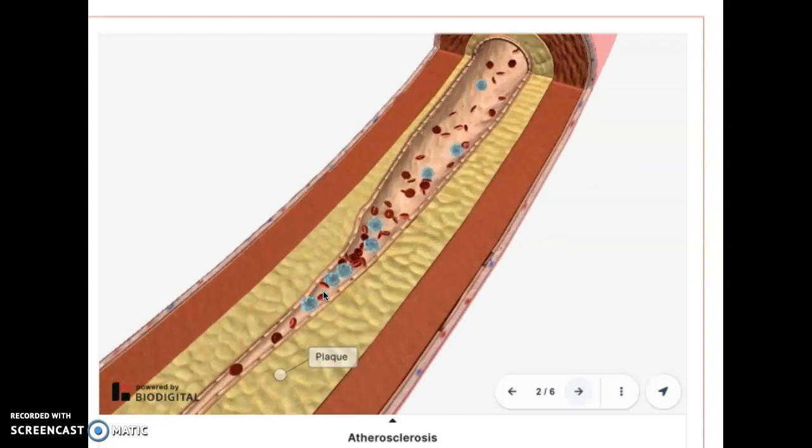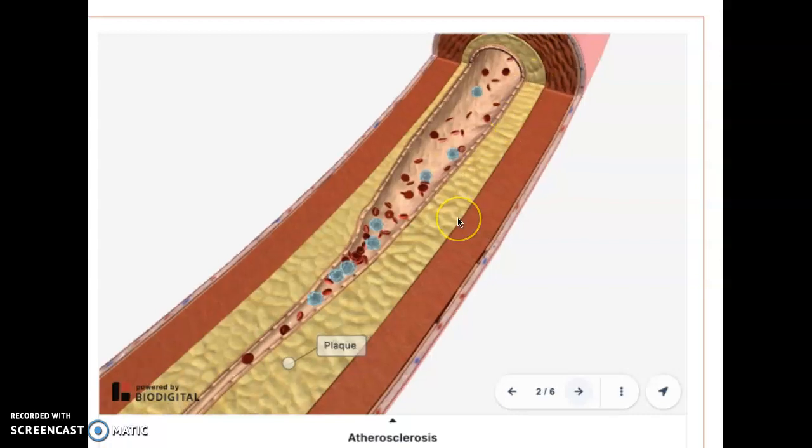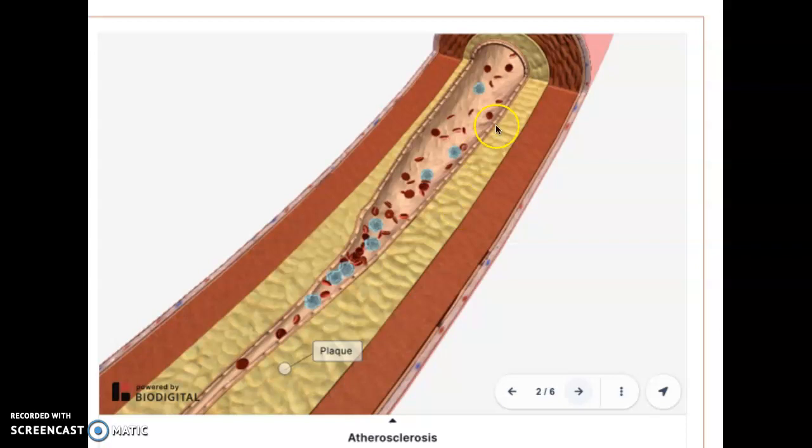As you can see from this picture, this is a cross-section 3D diagram of an artery. And with the plaque buildup, it narrows the artery. It restricts that blood flow. Remember, blood is delivering nutrients, it's delivering oxygen, it's got some white blood cells in there to help fight infection.